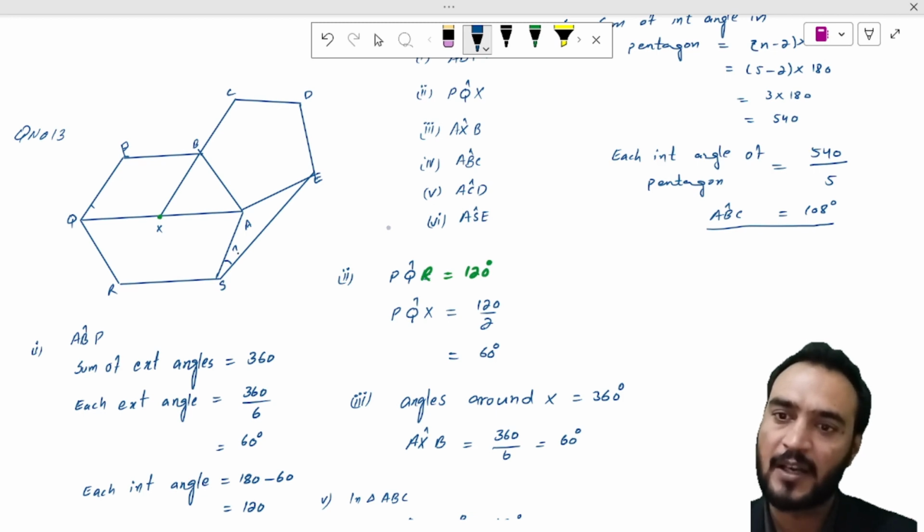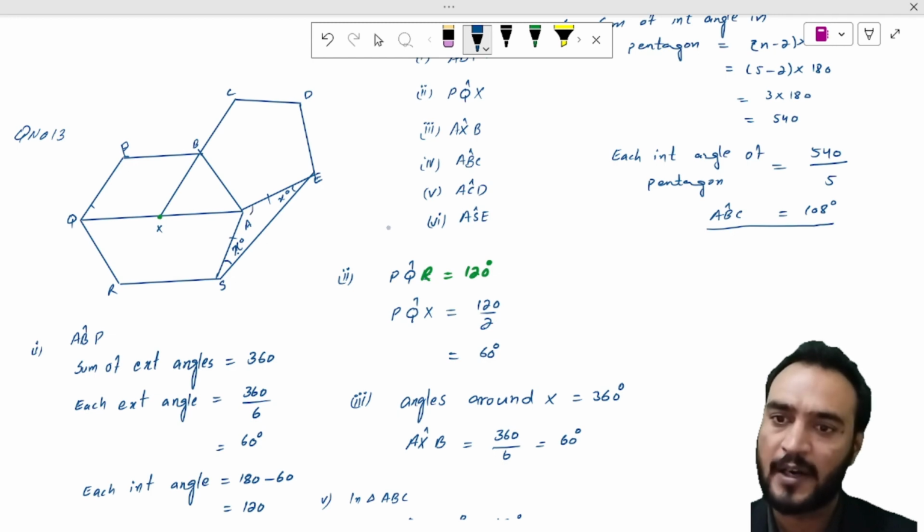To find this angle, we need to know that AS and AE are two equal sides, and the angles opposite to them are also equal. Let us consider that this angle is x degrees, as this side and this side are equal. So this angle is also x degrees, the angle opposite to the equal side.